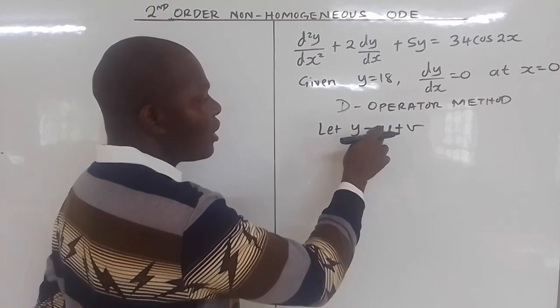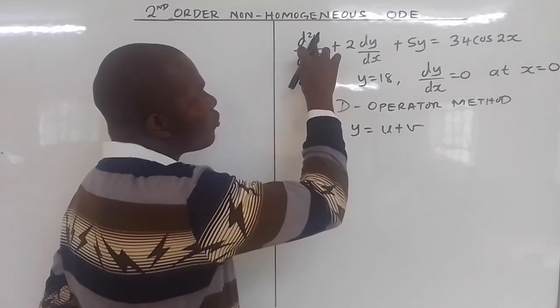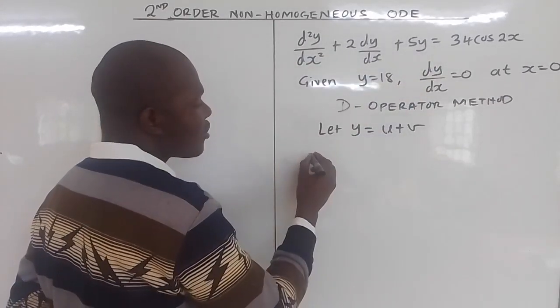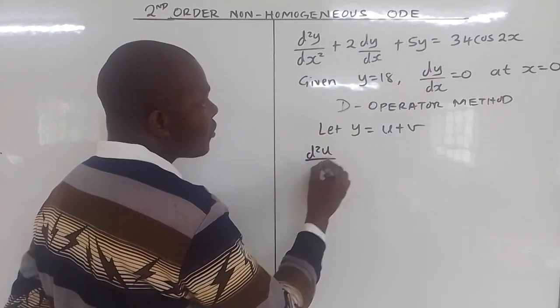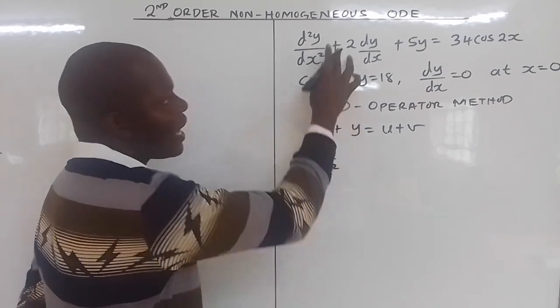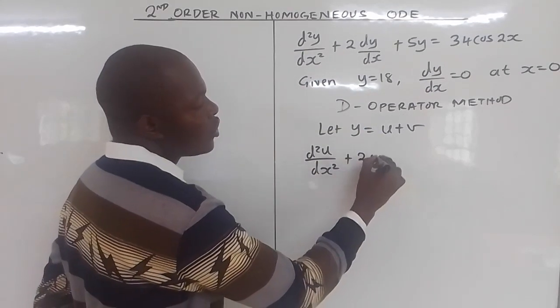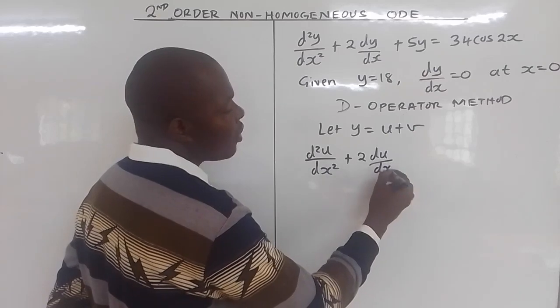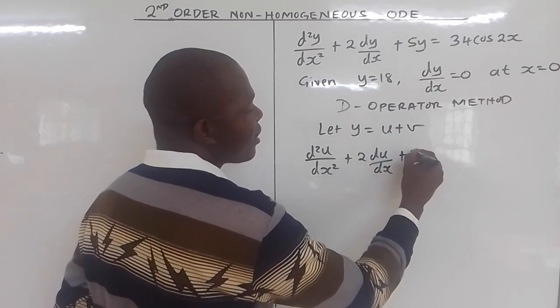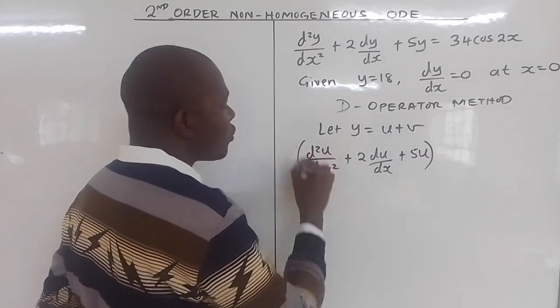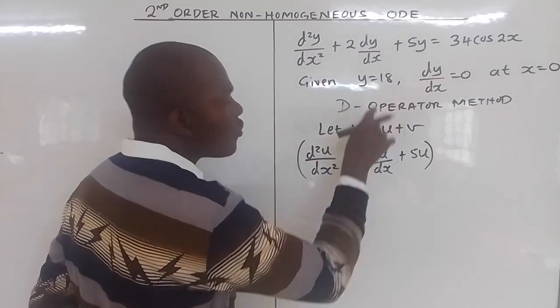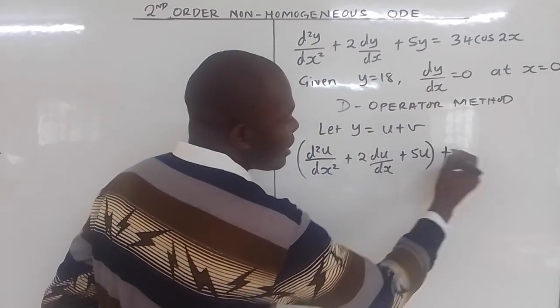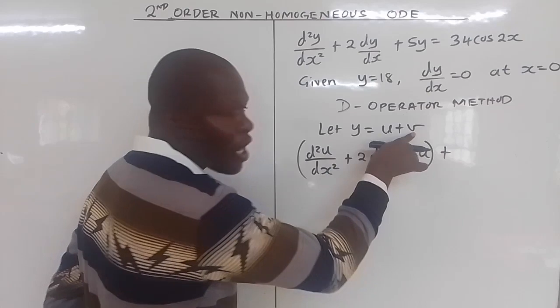Where there is y, first you put u. So you get d squared u over dx squared plus 2 du over dx plus 5u, plus. Then where there is y, you now put v.